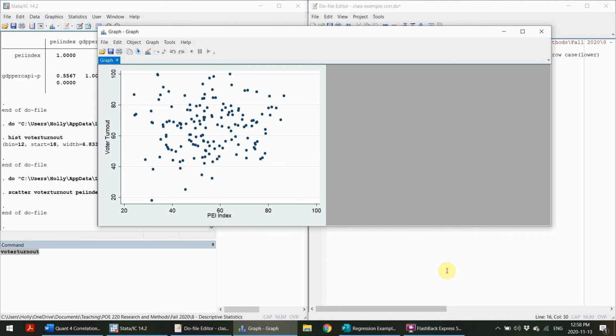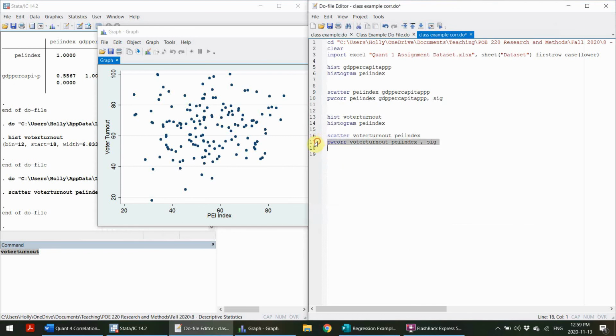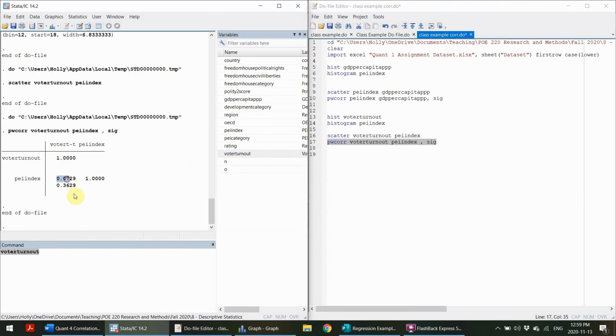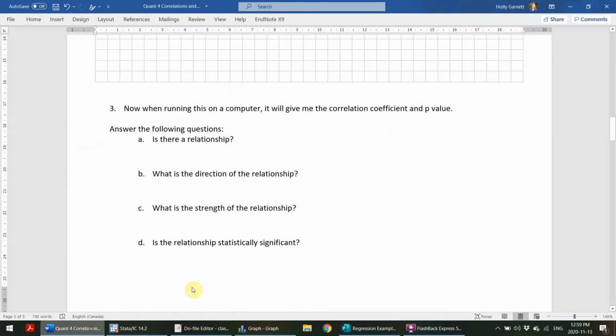But our correlation can confirm that for us. So let's do our correlation. And what we see here is the correlation coefficient is 0.07, and p is greater than 0.05. So let's take a look now at our questions.